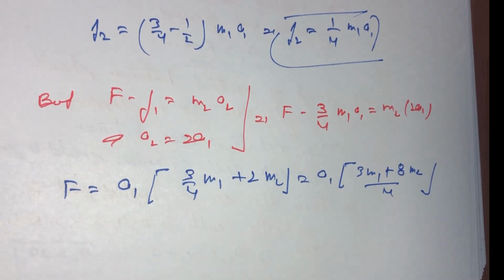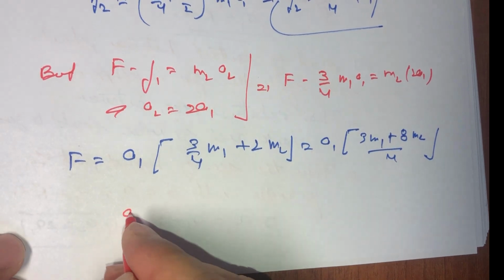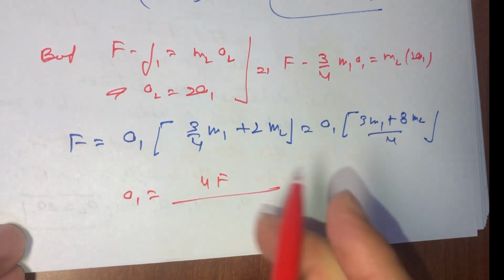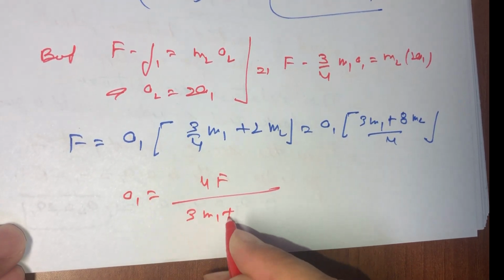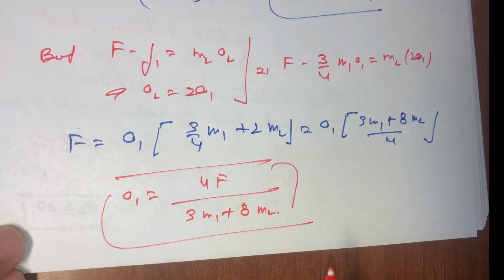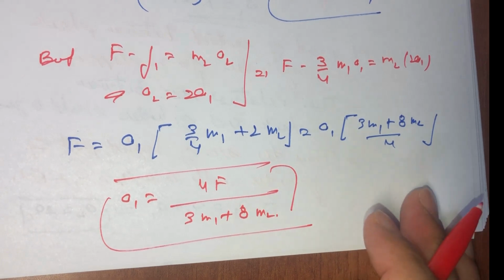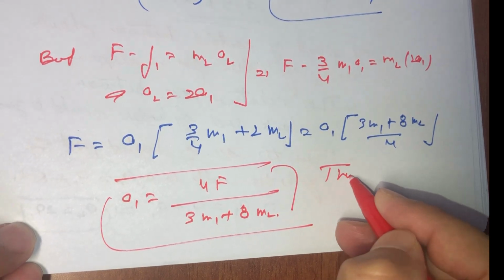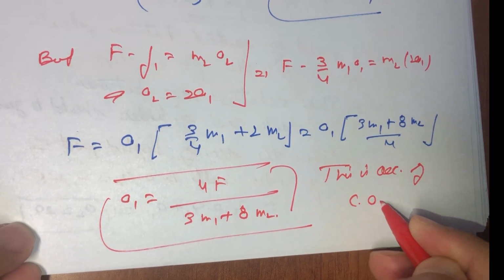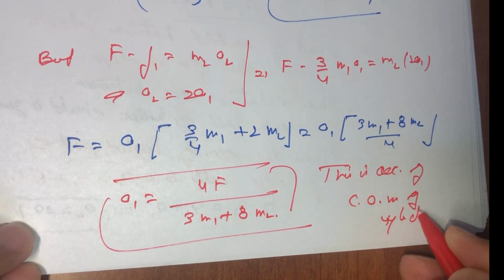So from here we can find our a1 in terms of applied force F. We get a1 is equal to 4 times F divided by 3m1 plus 8m2. So this is the acceleration of the center of mass of the cylinder.